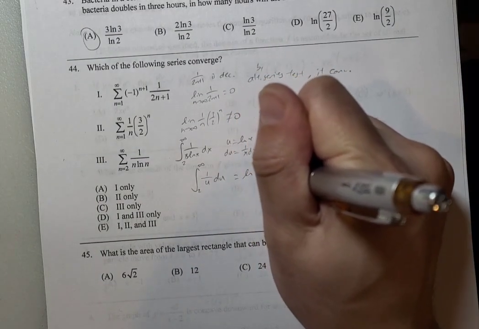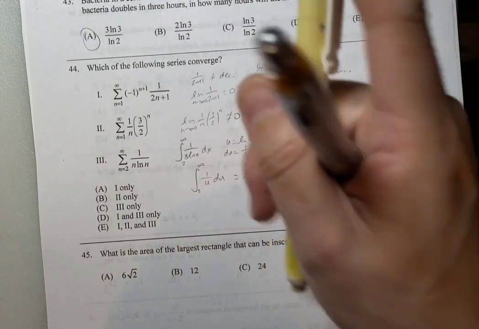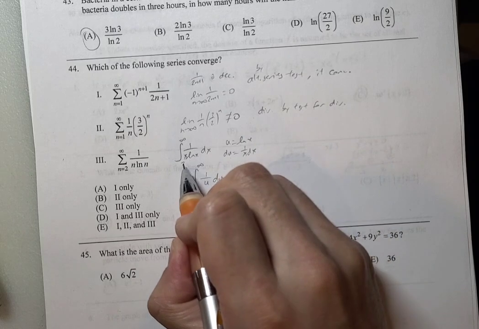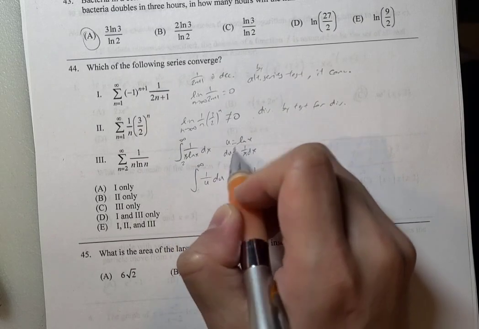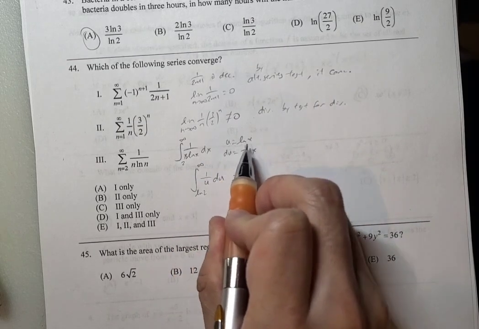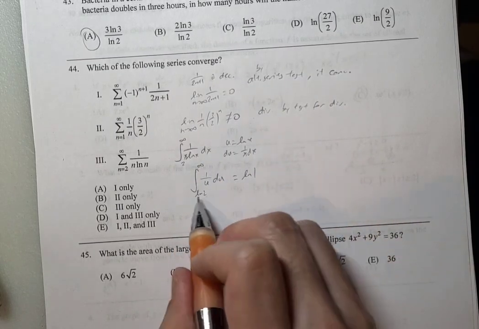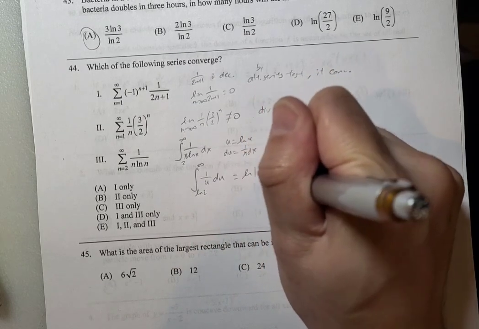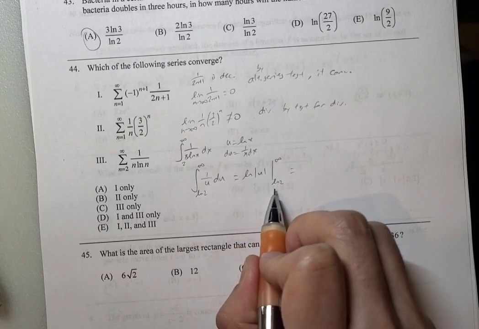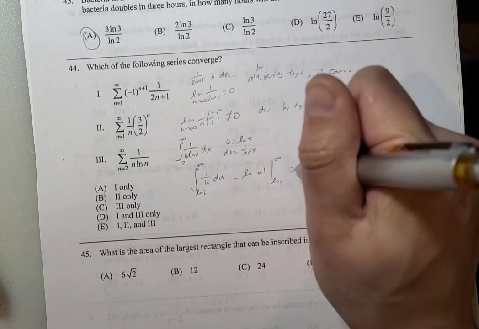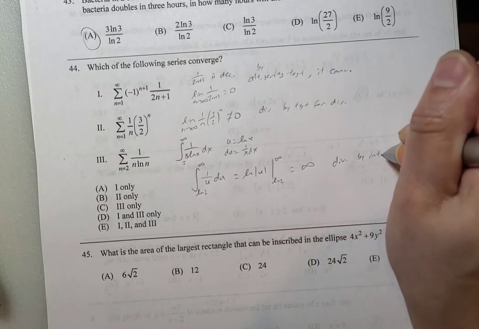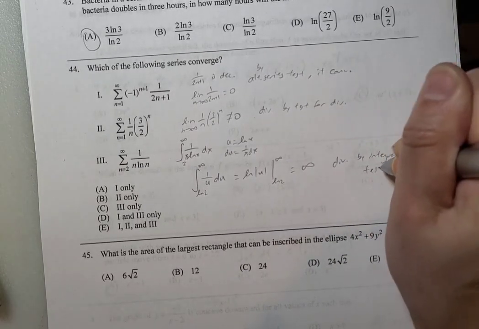I have to change the limits of integration. When x is 2, u is ln 2. When x is going to infinity, u is also going to infinity, so that top limit is right. So it'll be ln of u, we evaluate from ln 2 to infinity. We get ln of infinity minus ln of ln 2. ln infinity is infinity, so this diverges by the integral test.